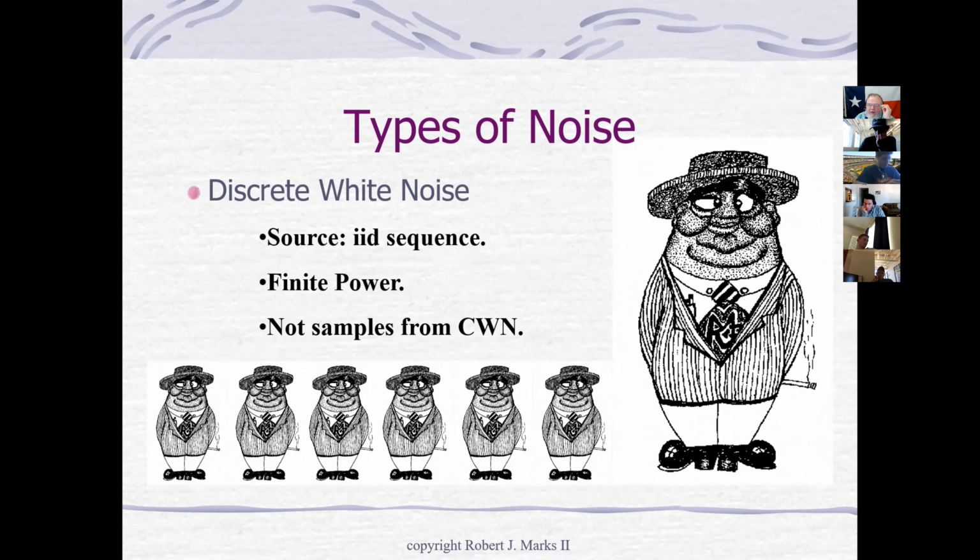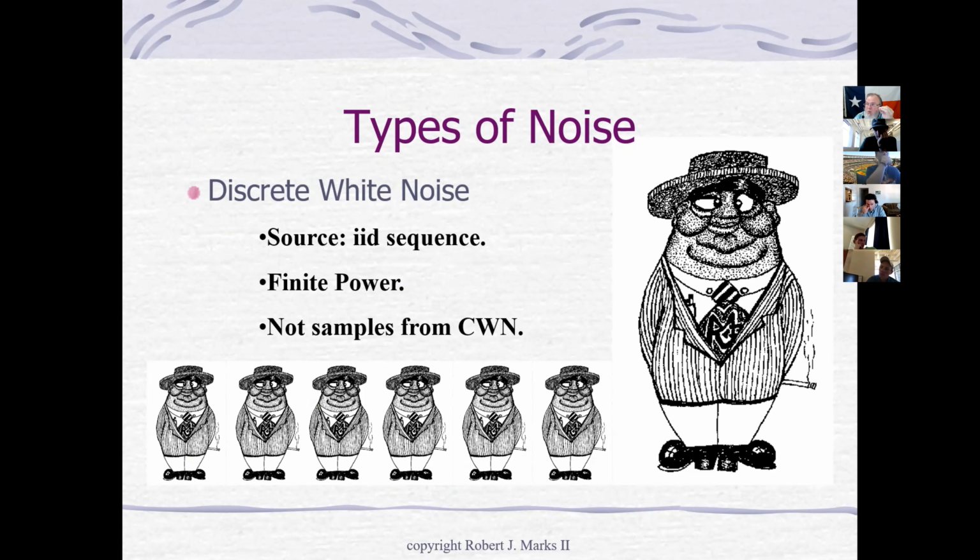Now, discrete white noise, by the way, I should mention, well, let me go through this slide. Discrete white noise is an IID sequence. It does have finite power, and you cannot get it from samples of the continuous white noise. By the way, there's other white noise other than Gaussian white noise. The power spectral density does not dictate any of the probability density functions of the underlying stochastic process.